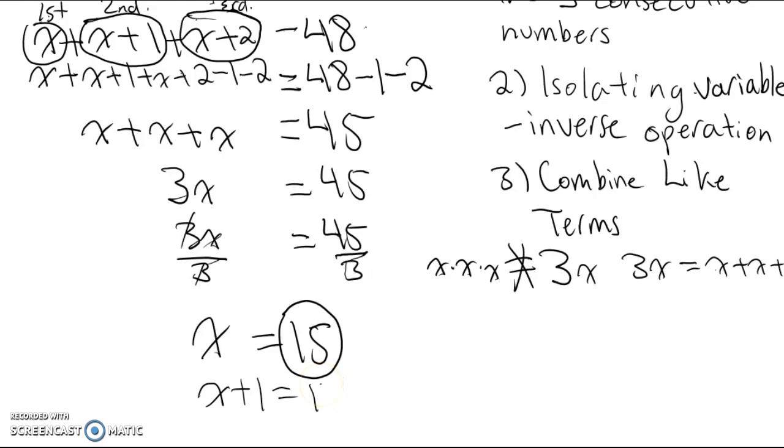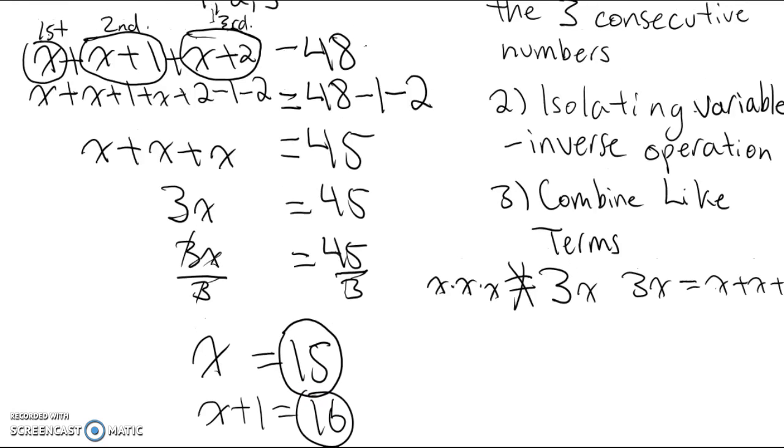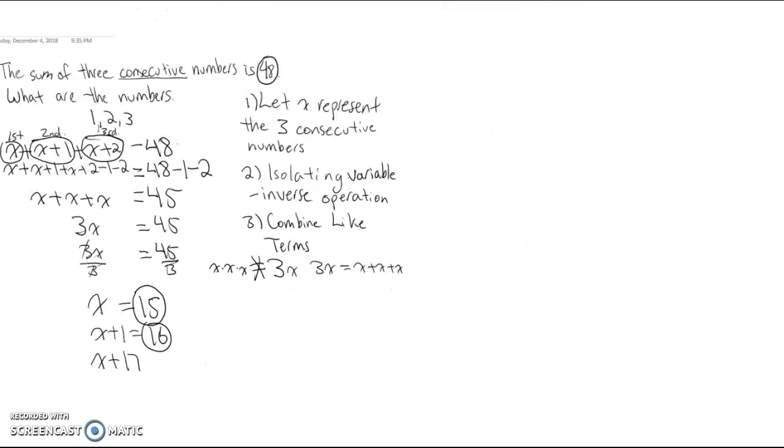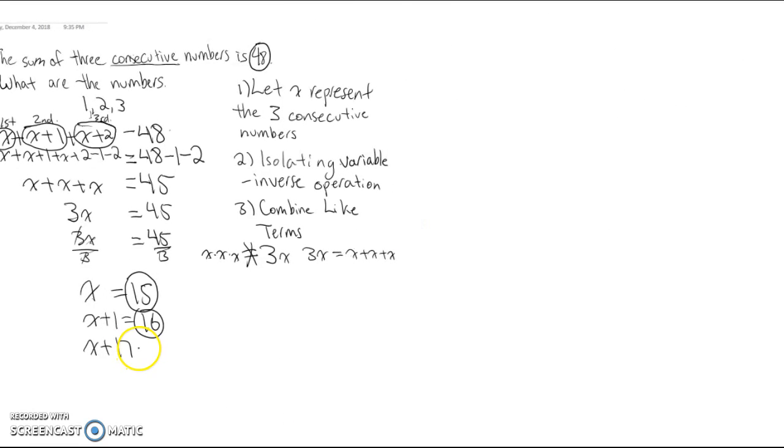That x plus 1 equals our second consecutive number, which means x plus 1 is 16. And I think you're on the right track. So, x plus 2 equals 17. So these right here are 3 consecutive numbers.